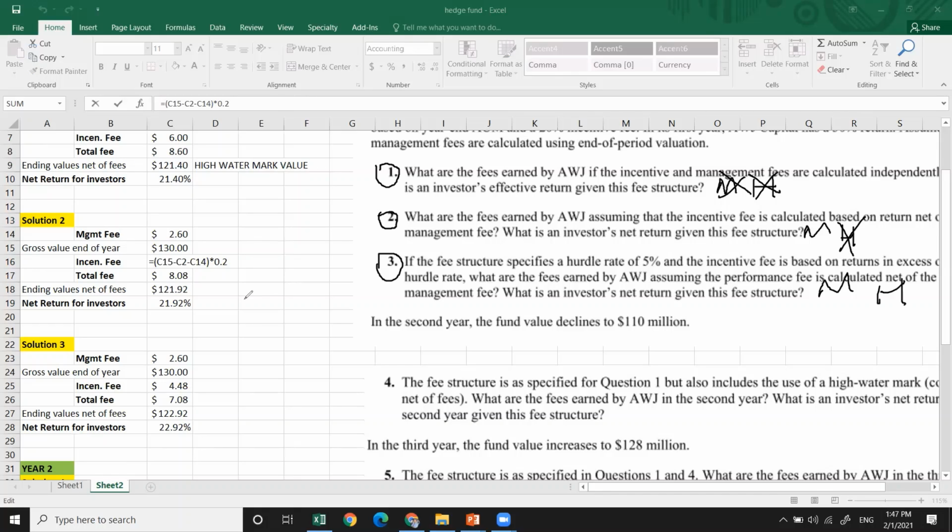I have a question, Professor. For example, hedge fund hurdle rate means that this is the minimum amount for the net return for investors, right? Yes. If it's below, they will not get any incentive or performance fee.